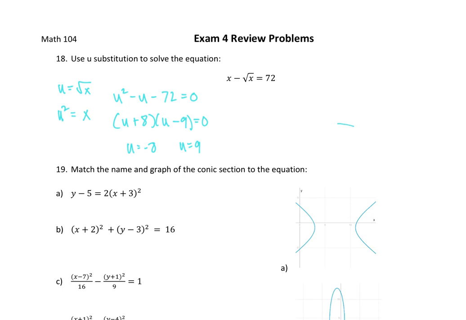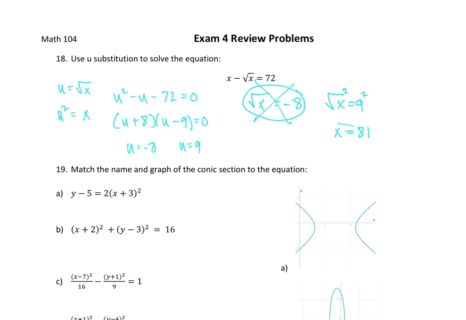So if we replace our u back in, we have the square root of x equals negative 8, and the square root of x equals 9. Now we can't have our square root equal a negative, so there's no solution from that. We can have our square root equal 9, so we get x equals 81.